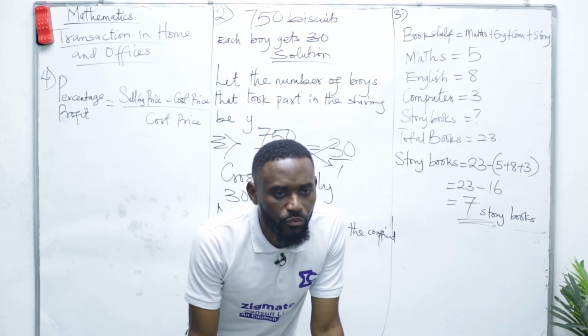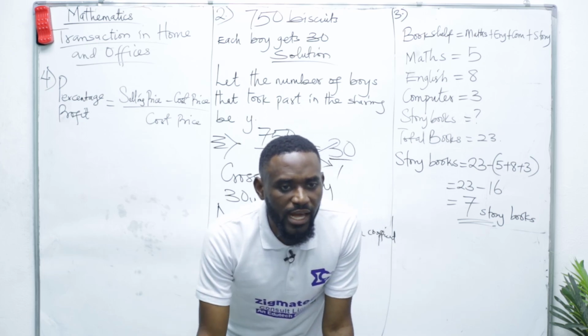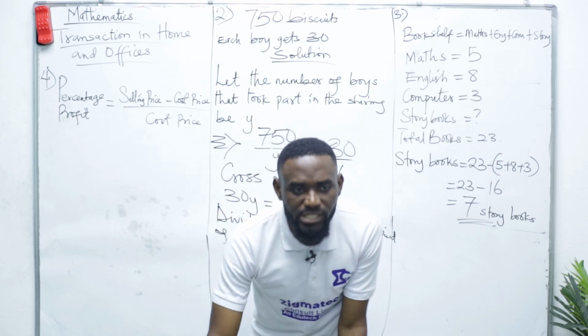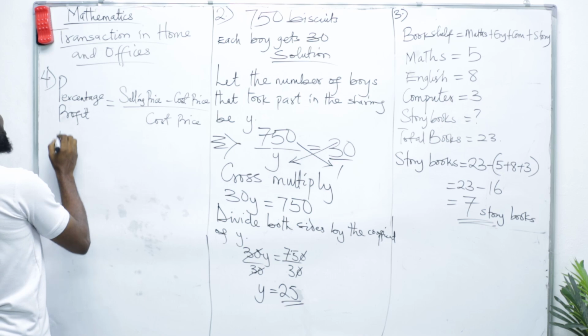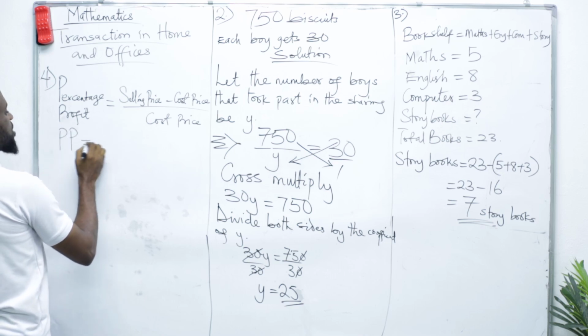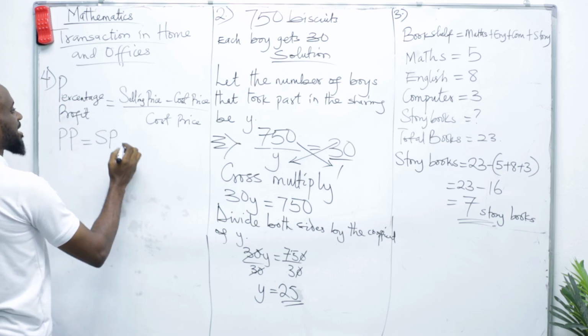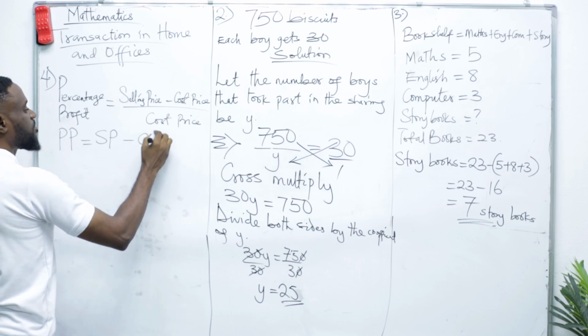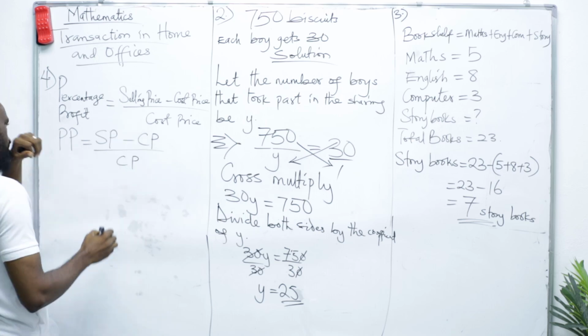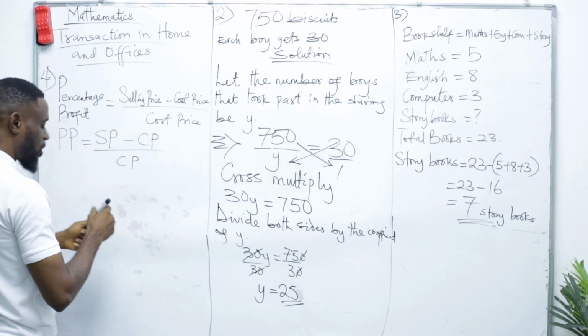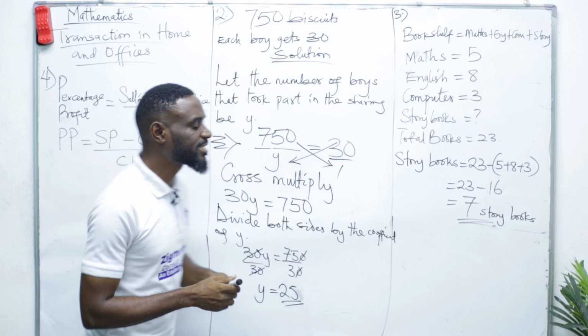Okay, so this is what we're going to do now. This our cost price, we put it as CP. So this means percentage profit is equal to SP, meaning selling price, minus CP, cost price, divided by CP, cost price. Our percentage profit there is 20%.